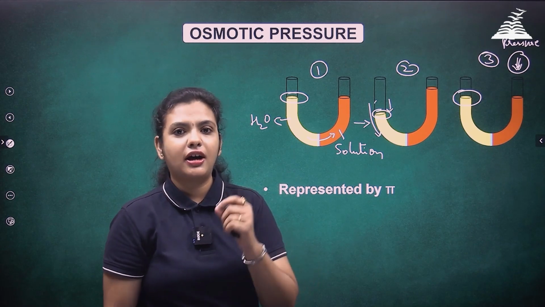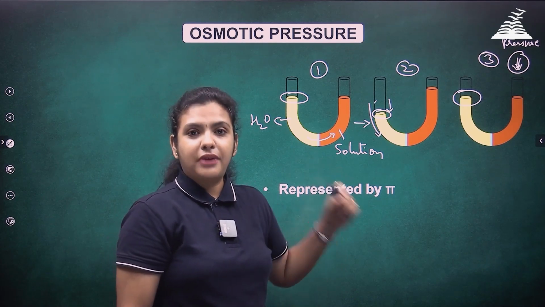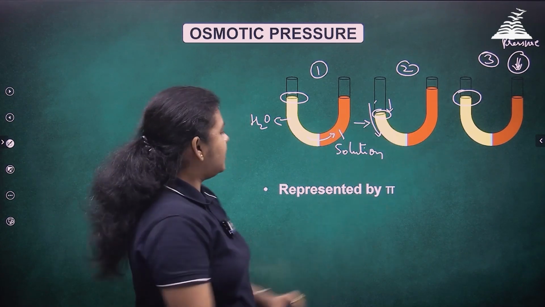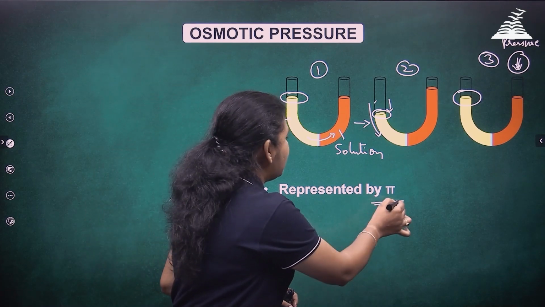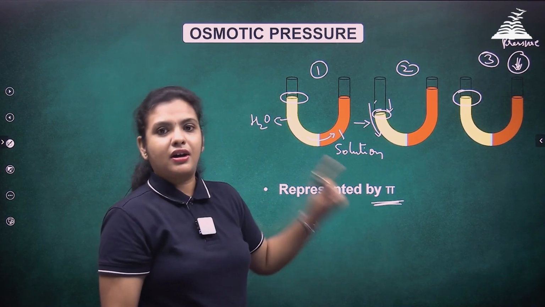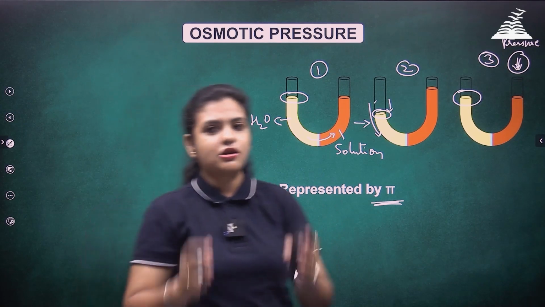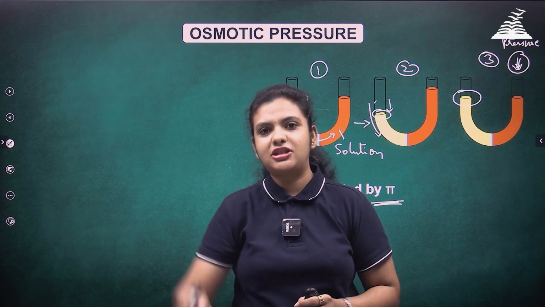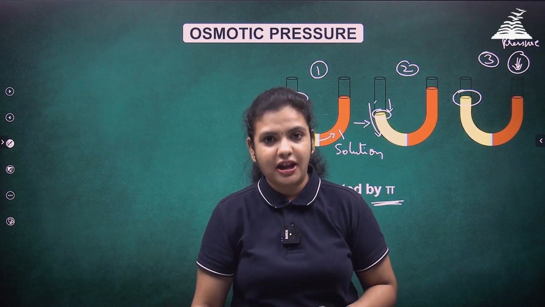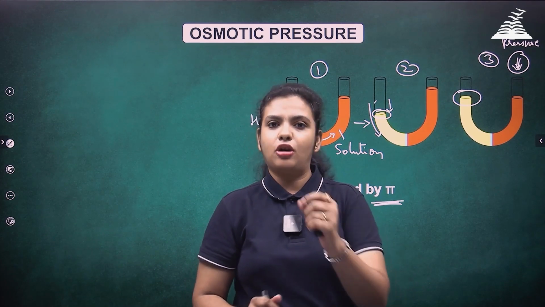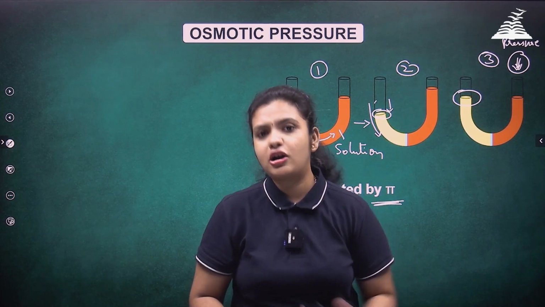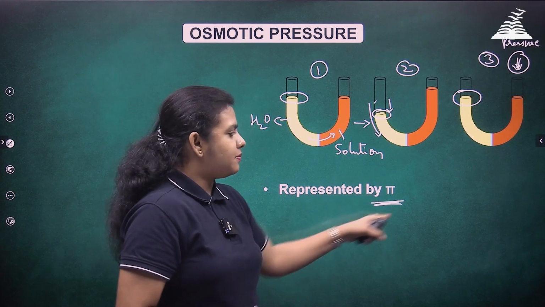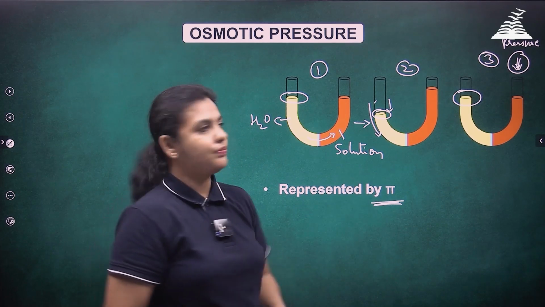Osmosis did not occur. Right? Now the pressure whatever you have applied is represented by pi. Understood, students? What is osmotic pressure? The pressure which has been applied to inhibit osmosis is called osmotic pressure. It is represented by pi.